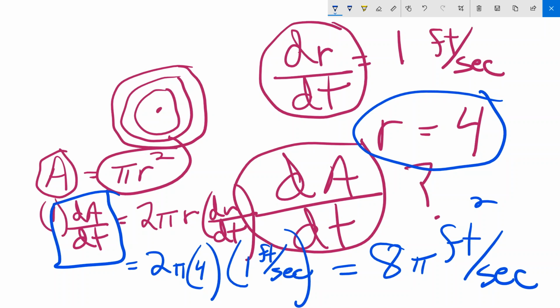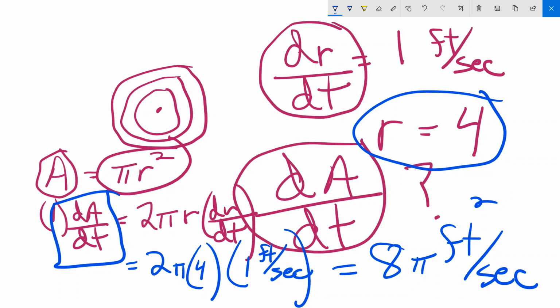Because if you do just the equation, you don't get square feet, you get feet. But we know, in fact, that area changes at square feet per second. So we always know what the units are when we're done.